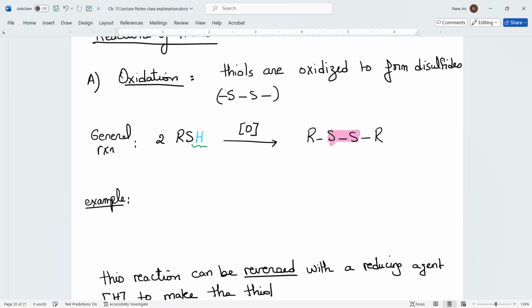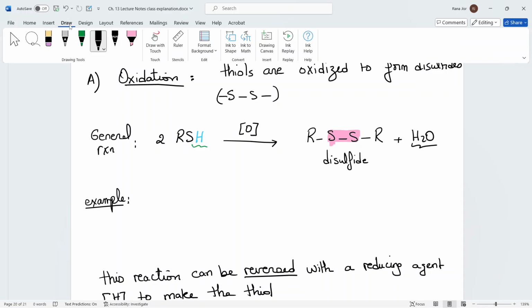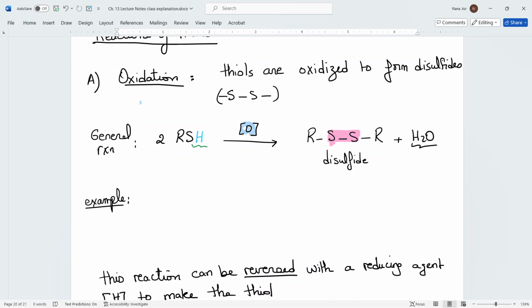So we are going to make a disulfide product plus, of course, water. The water is going to come from the oxidizing agent, in addition to the hydrogen of the thiol.